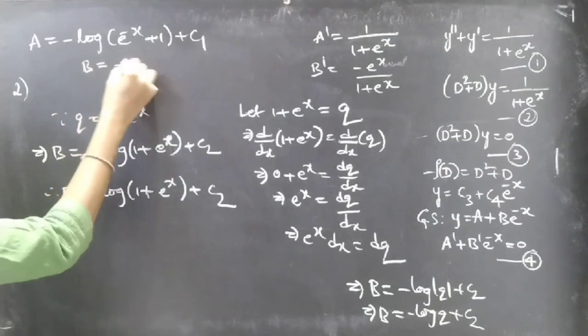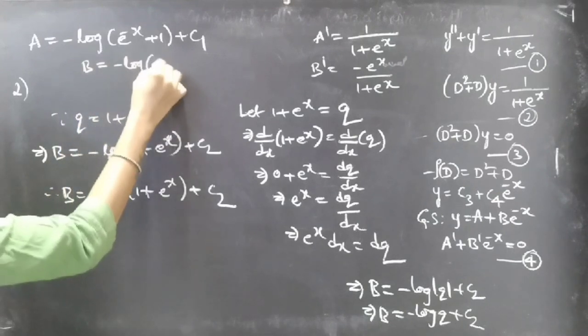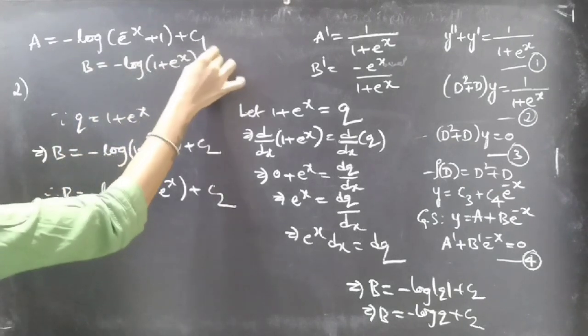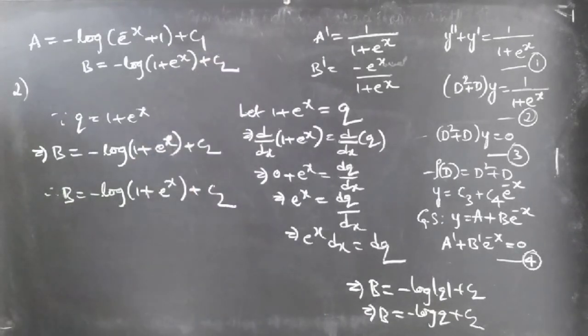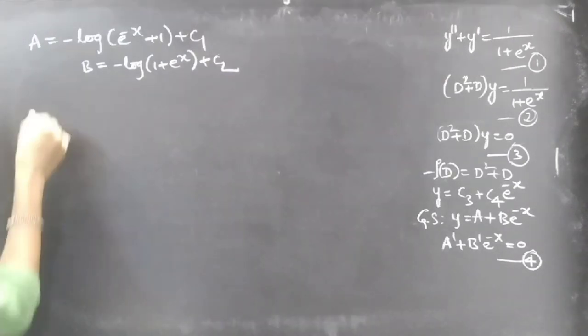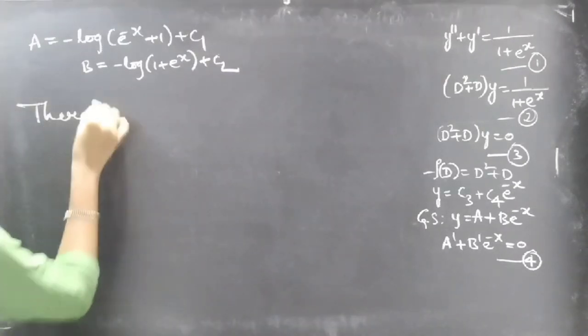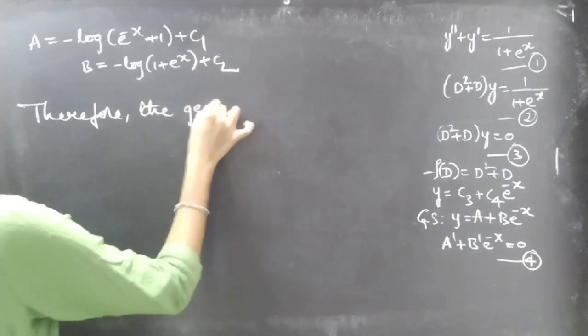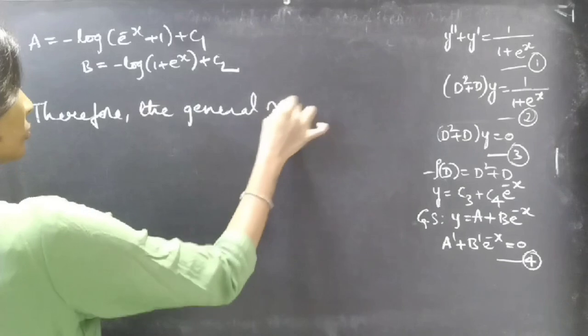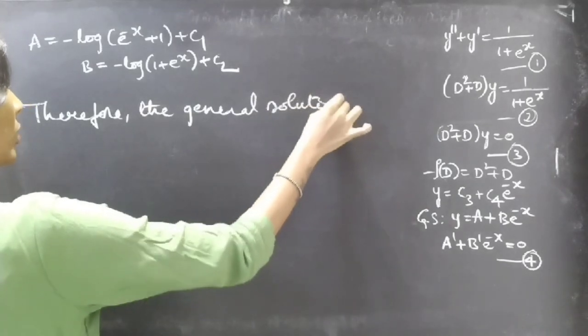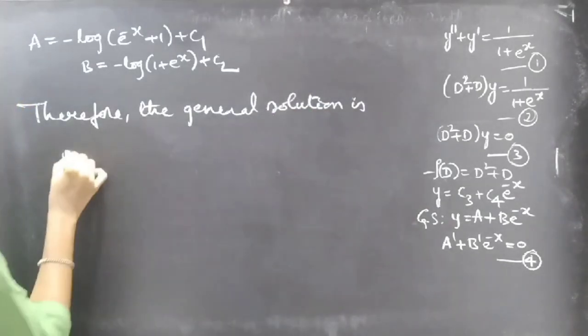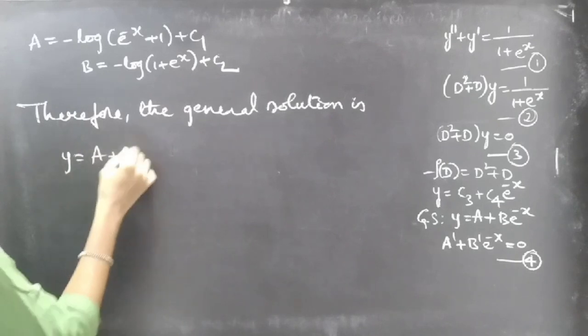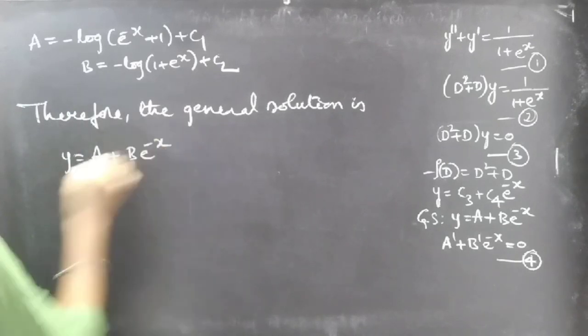So we got a and b. Let's now write the general solution using y equals a plus b e power minus x. Therefore, the general solution is given by y equals a plus b e power minus x.